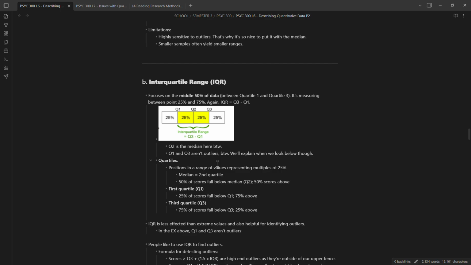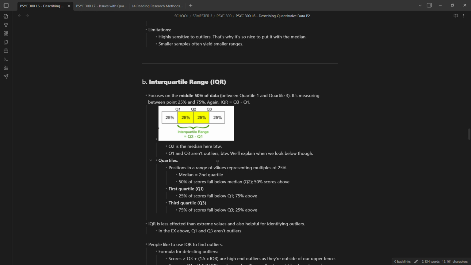Interquartile range. So this is when we get into something a little bit more complicated. Interquartile range, or IQR, focuses on the middle 50% of data between quartile 1 and quartile 3. So it's measuring the spread between 25% of the data and 75% of the data.